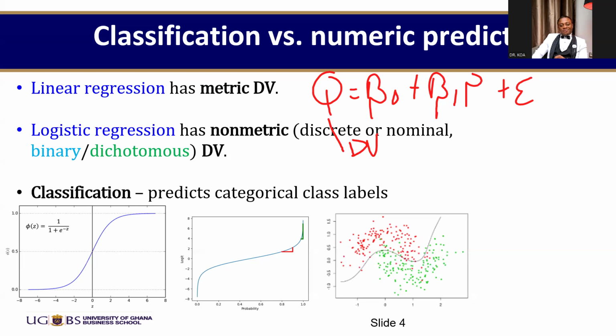It could be a float, a continuous variable, or it can even be a discrete, but it is a number. But in a logistic regression, the dependent variable is not continuous. It's a whole discrete integers, discrete number, or even it is nominal. Sometimes we say it is even binary or dichotomous.